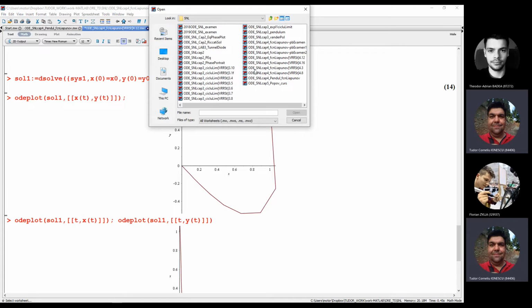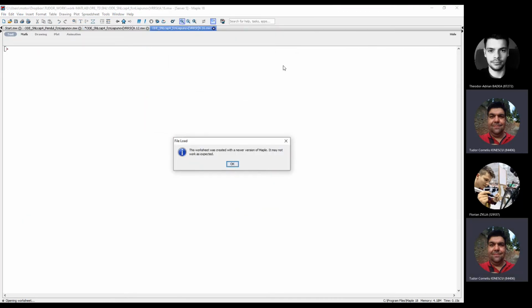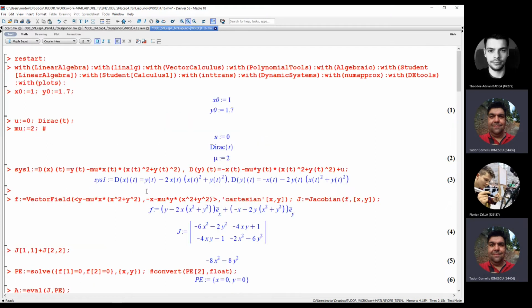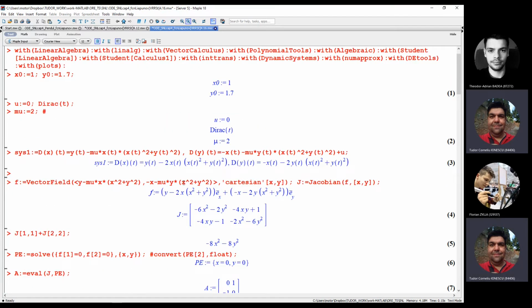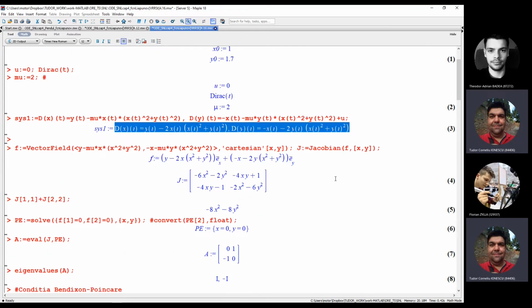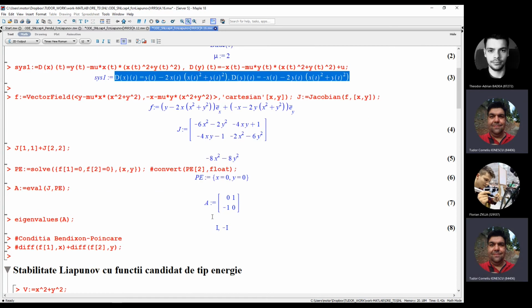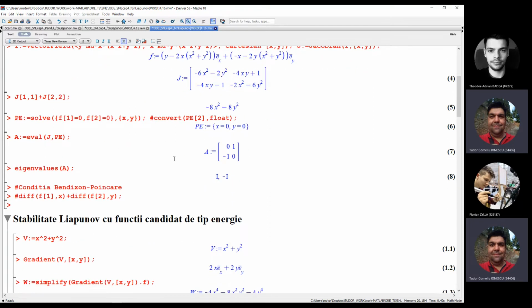Then we can check another example, a more complicated polynomial dynamical system. Origin is the only equilibrium point. We have a center behavior, so the first order approximation isn't telling us anything.